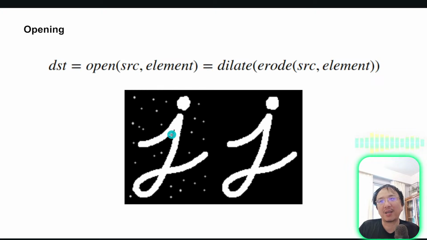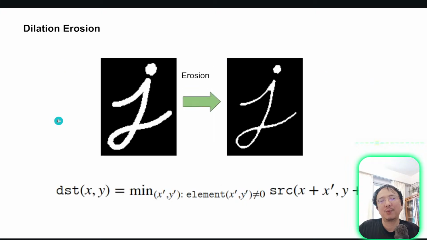So for example, if you want to remove small noisy things, you can first do the erosion. This is called the open operation. I mean erode: erode is making things smaller.